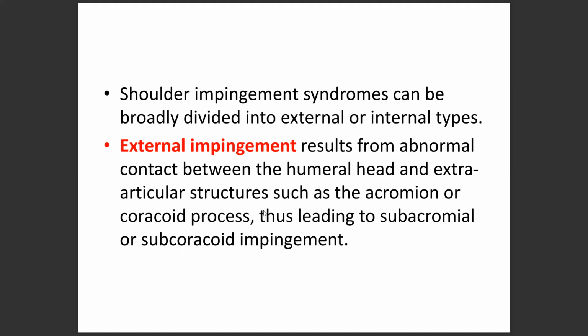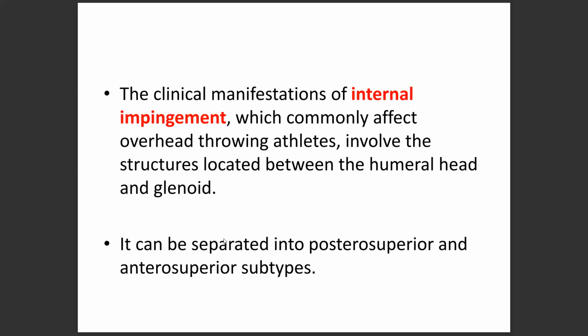So this impingement, which is between the humeral head and the acromion process, is also known as the subacromial or subcoracoid impingement. These are the two subclassifications of the external impingement. If it is below the acromion, it is subacromial. If it is below the coracoid, it is subcoracoid impingement.